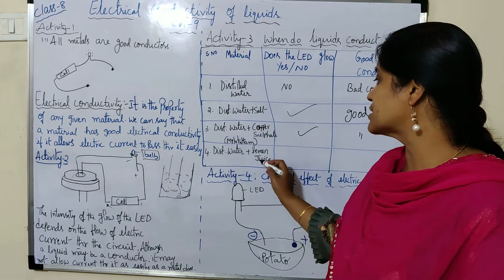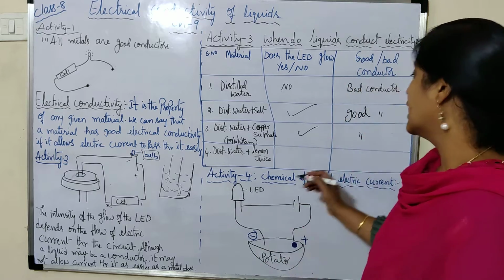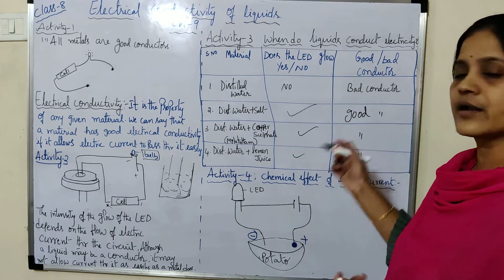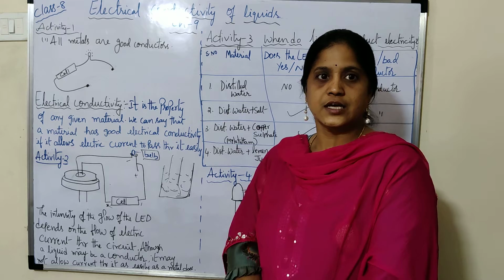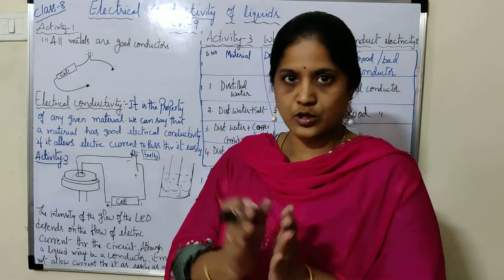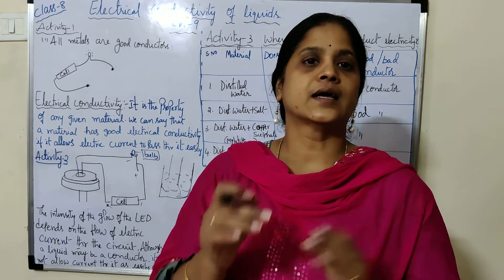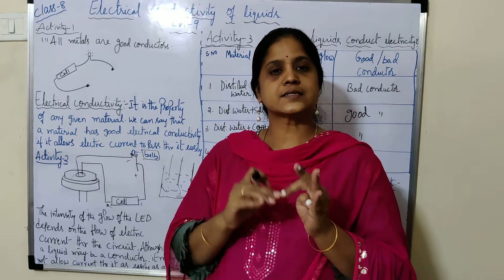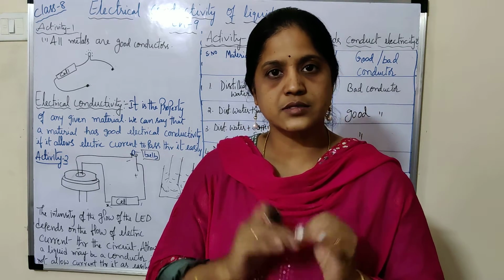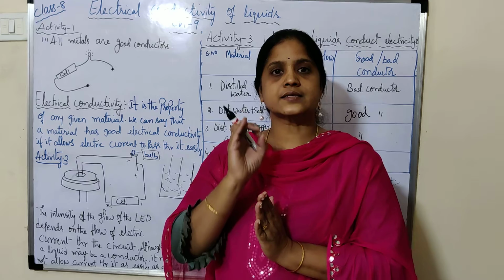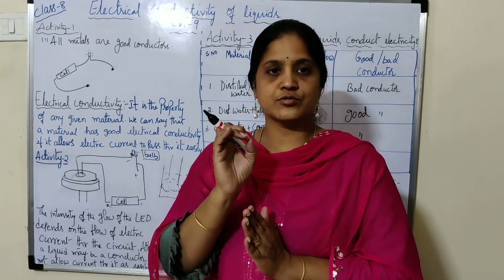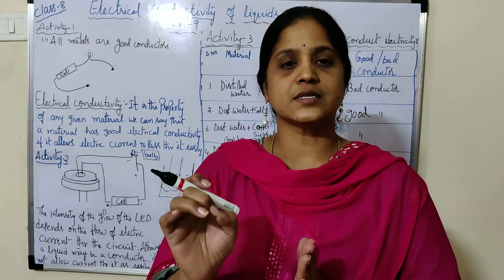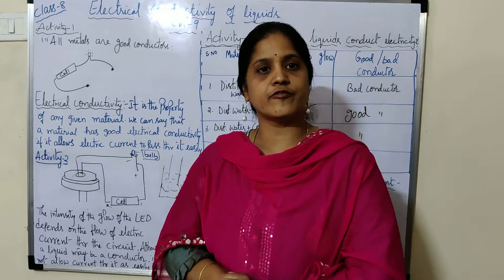Distilled water plus lemon juice is a good conductor of electricity. So if a solution contains any salts, acids, bases or minerals, then only it conducts electricity. If a solution is free from all this, then it is a bad conductor of electricity.